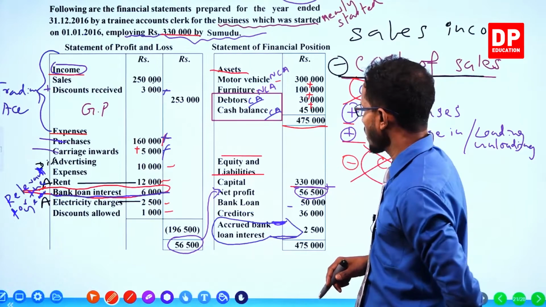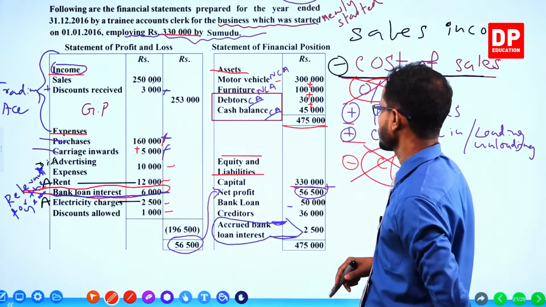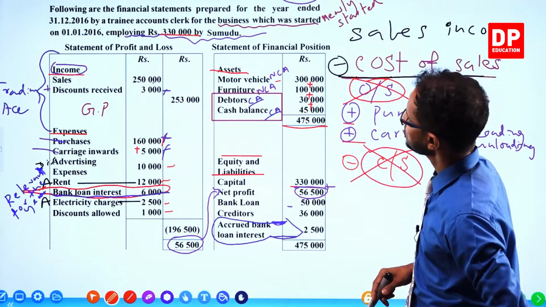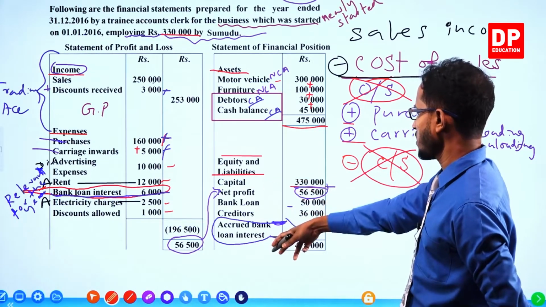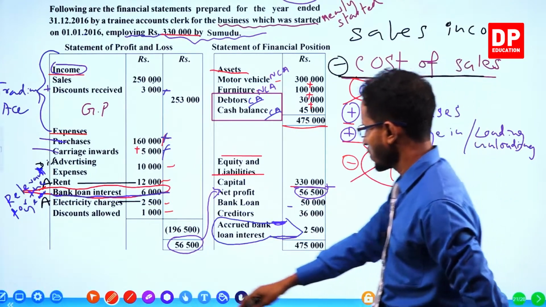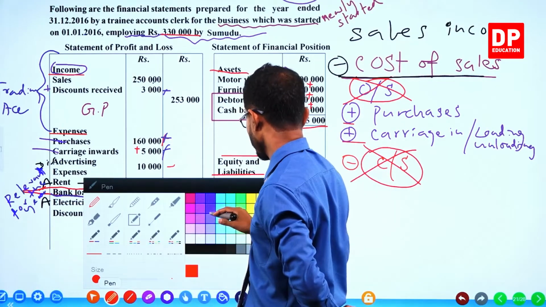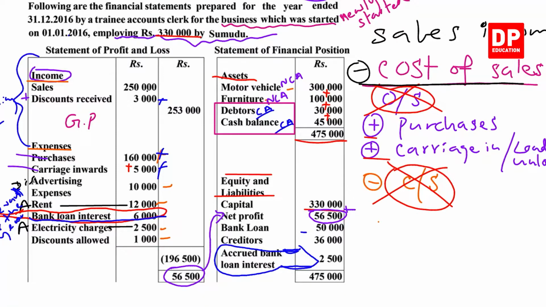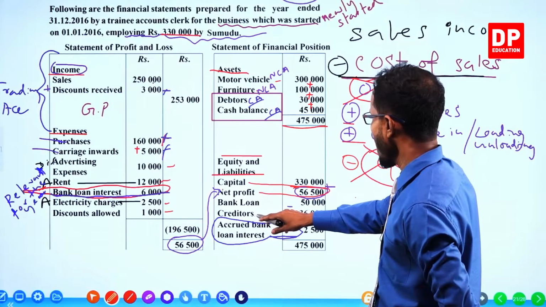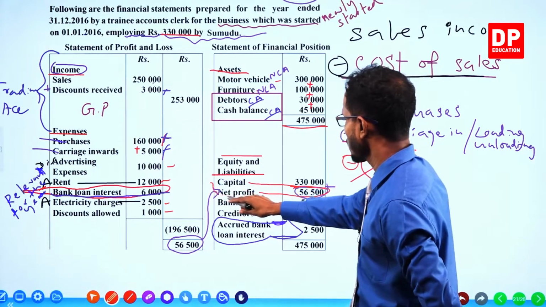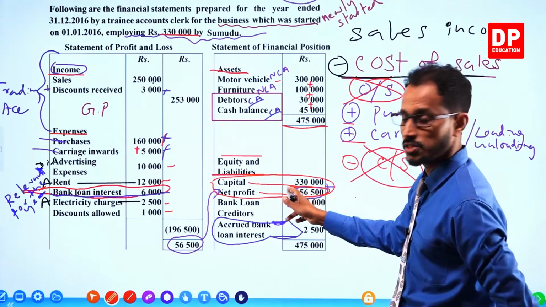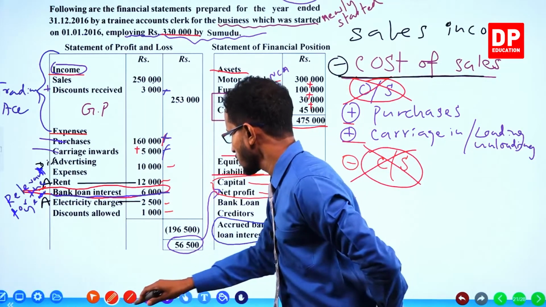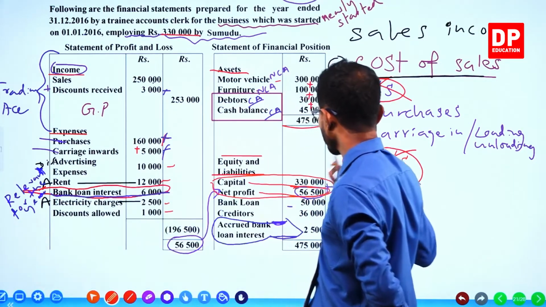Okay. And liabilities. Liabilities are here. Let's take the liabilities now. Capital is an equity amount. Net profit is also an equity amount. Excluding that section, let's take the items below.